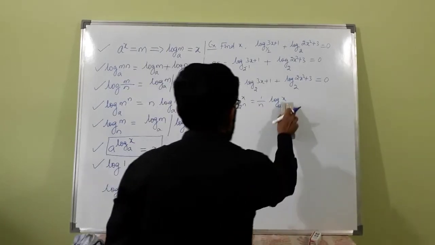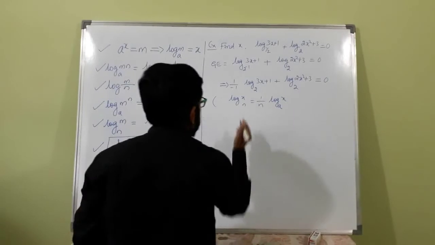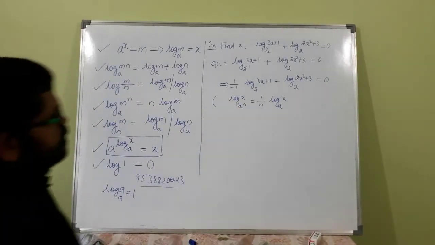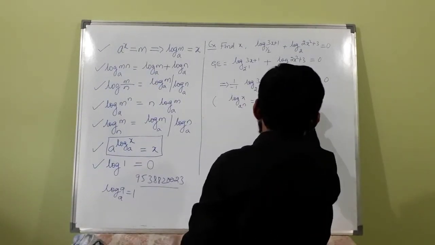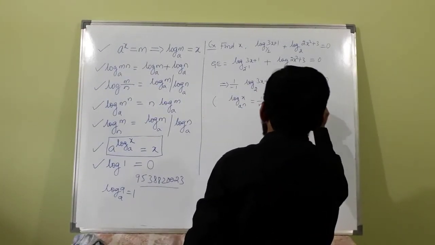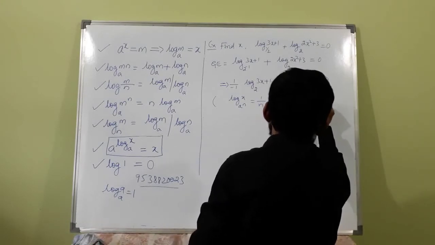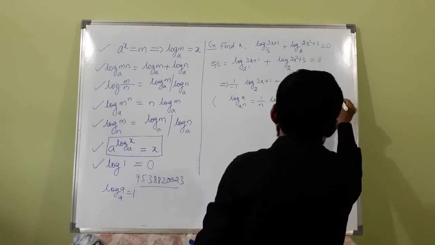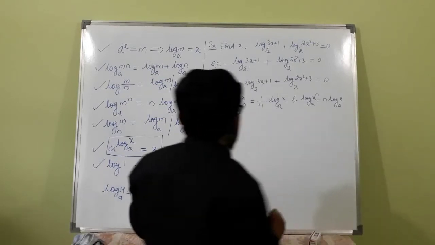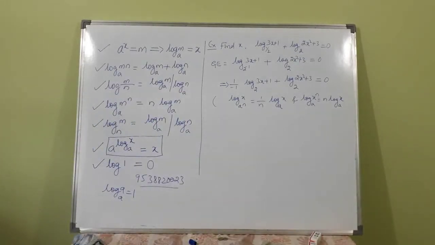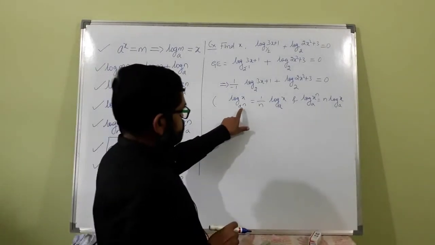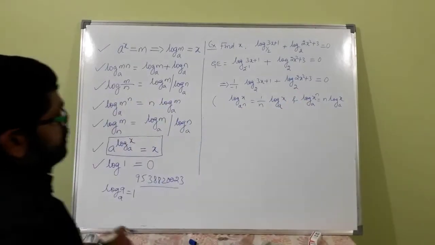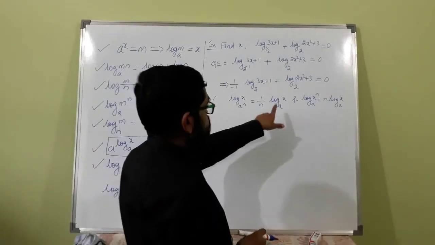If you change this 2 as a, it will become more general. And log of x raised to n to the base a is equal to n into log of x to the base a, isn't it? If it is power to the numerator, denominator 1 by n, otherwise if it is power to the base, then that is 1 by n.